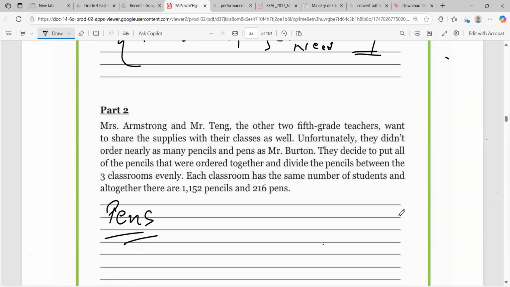They decided to put all of the pens that were ordered together and divide the pencils between 3 classrooms evenly. Each classroom has the same number of students, and altogether there are 1,152 pencils and 216 pens.